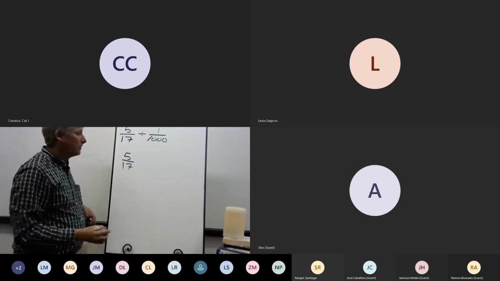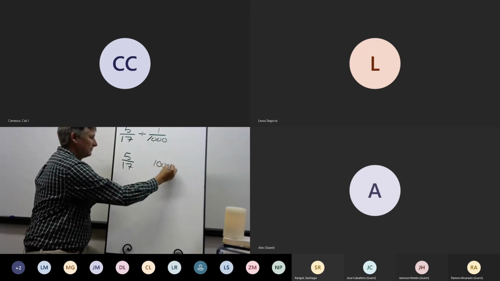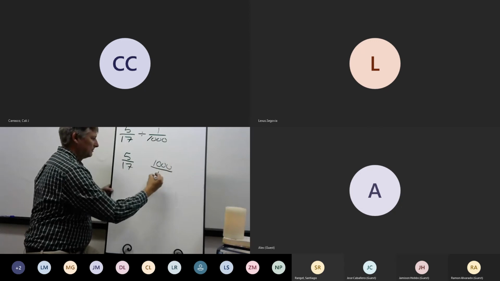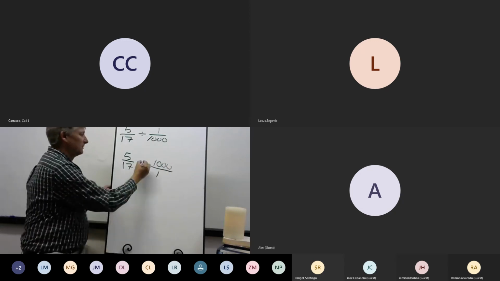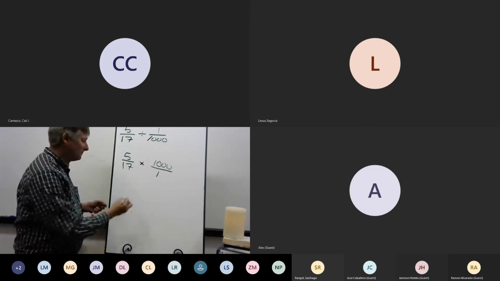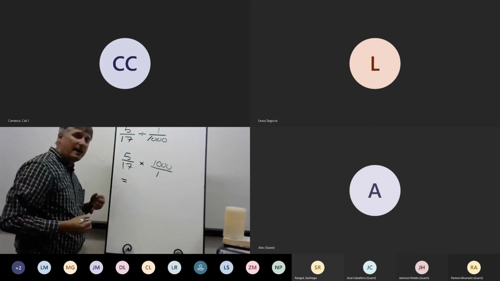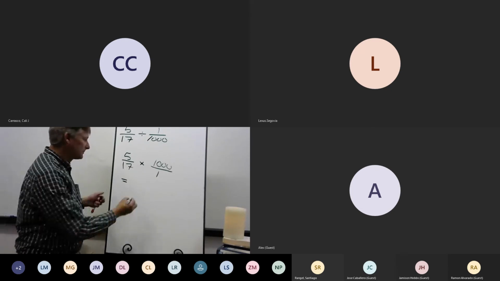The second one we're going to flip. And then finally we change the division sign to multiplication. And now we use our trick for multiplying fractions. We just multiply across.